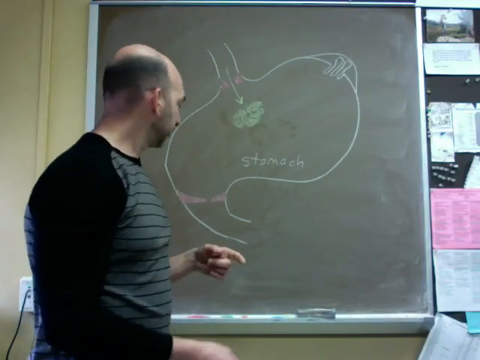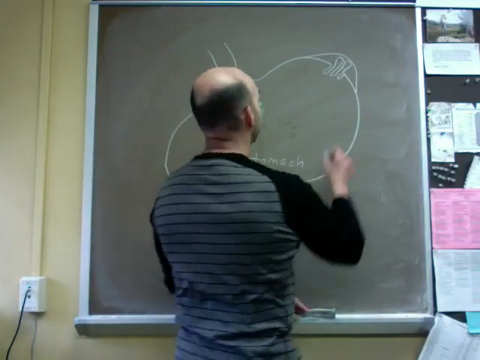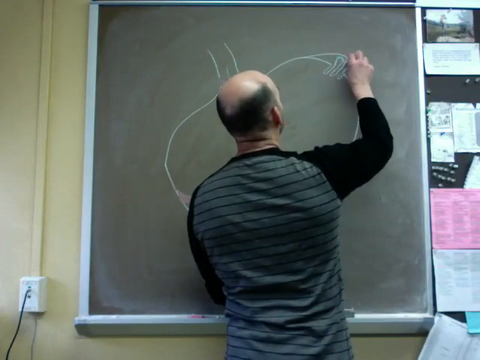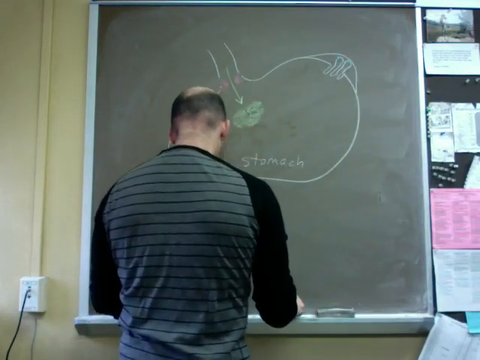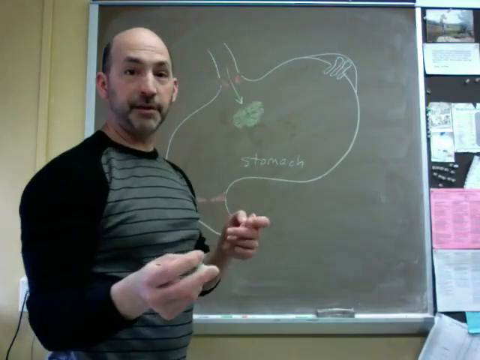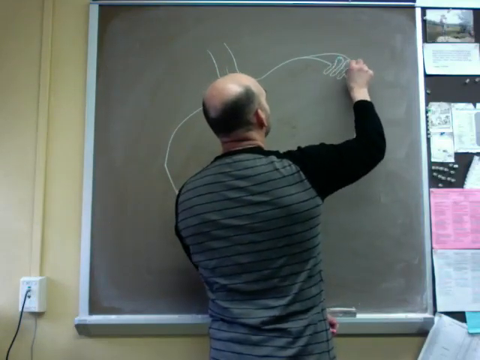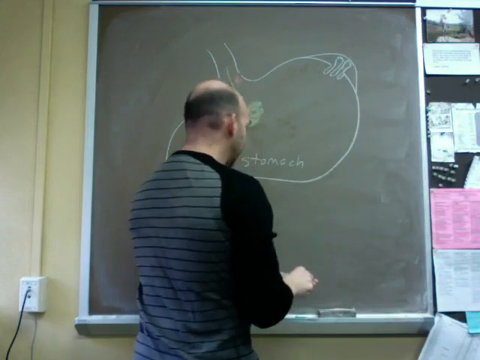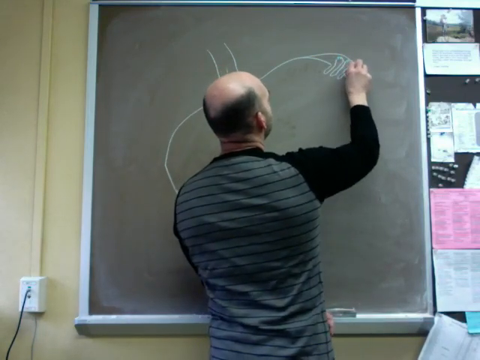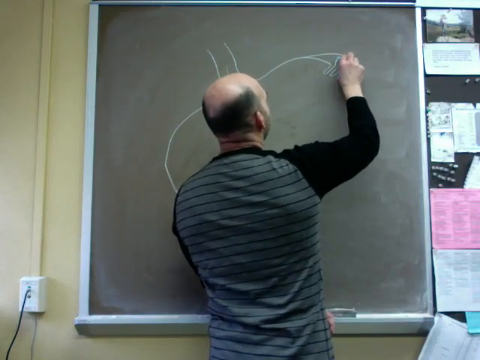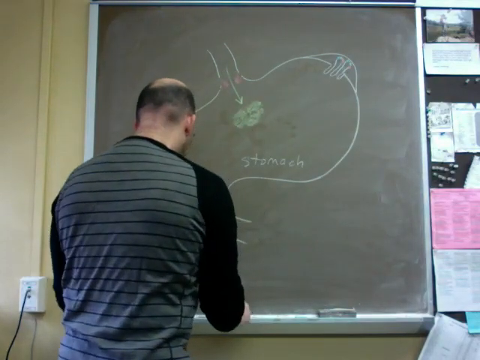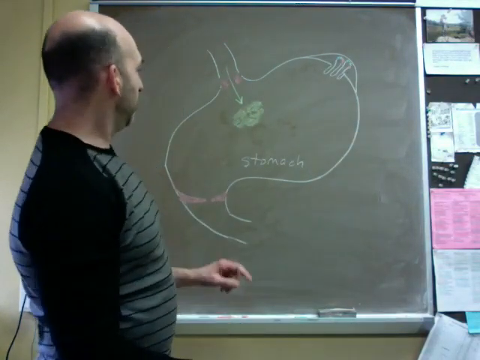I'm just going to put a couple different colors down here to remind us, like we color coded them in the first video, just to point out that we have different cell types down here. And some of them are endocrine cell types. I'm going to have to squeeze this in somewhere.